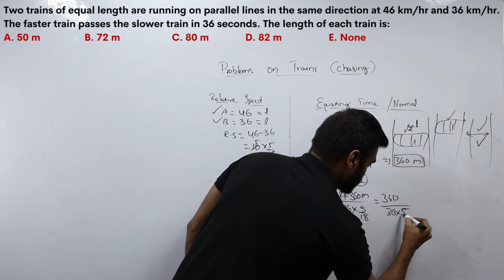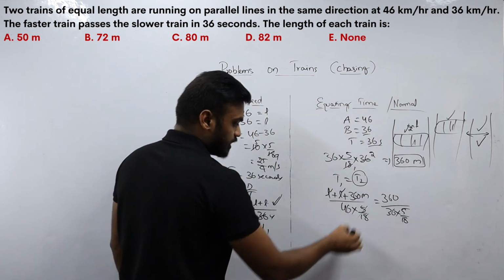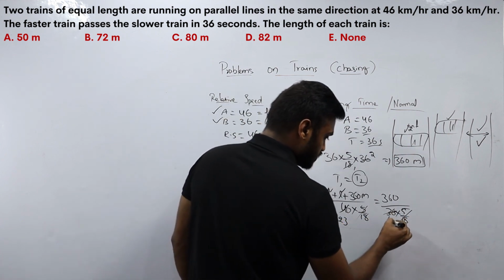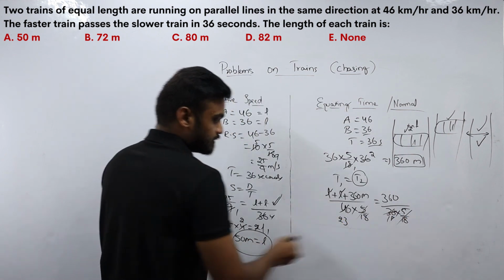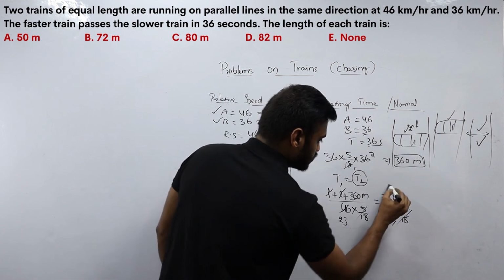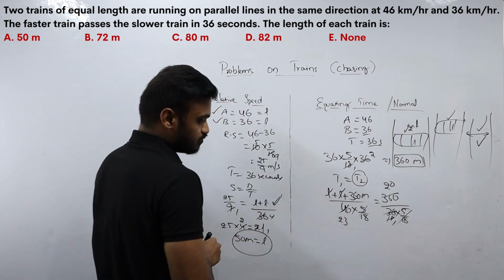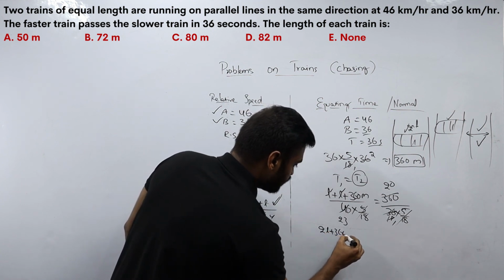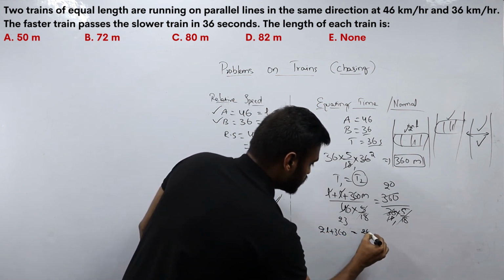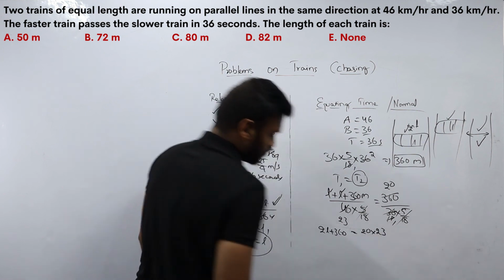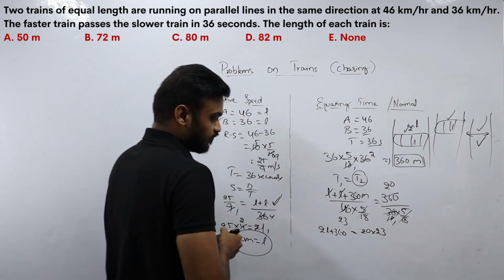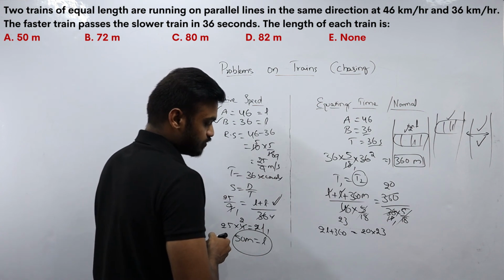So we will get 5 by 18. 5 by 18 and 5 by 18 will cancel, and we will get 18 ones are 18, 18 twos are 36, 0. And also we will get 2L plus 360 equal to 20 into 23. So we will get 20 into 23, that is 20 into 20 will be 400 and 20 into 3 will be 60.